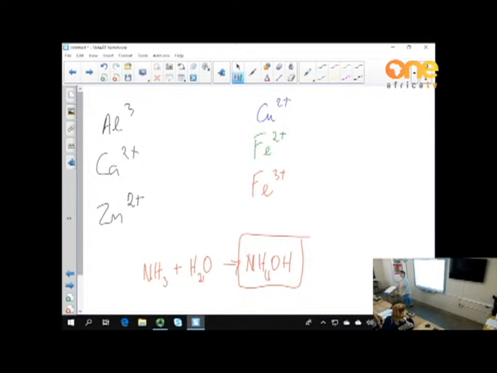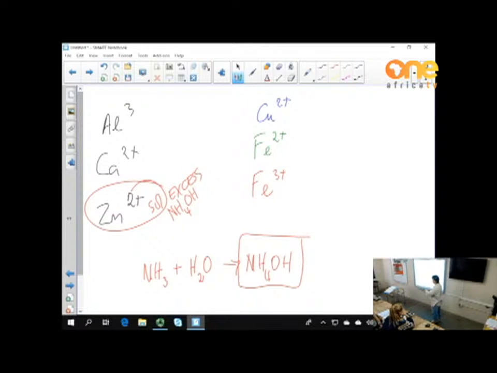And when you add excess ammonium hydroxide, what's going to happen? The zinc is soluble. This one is soluble in excess ammonium hydroxide.